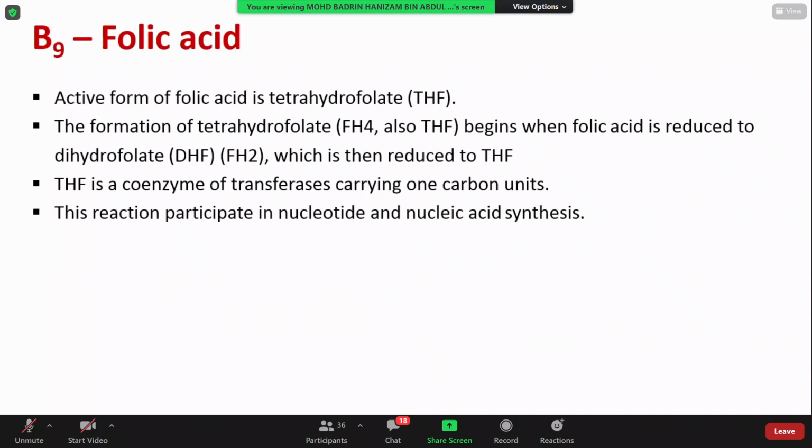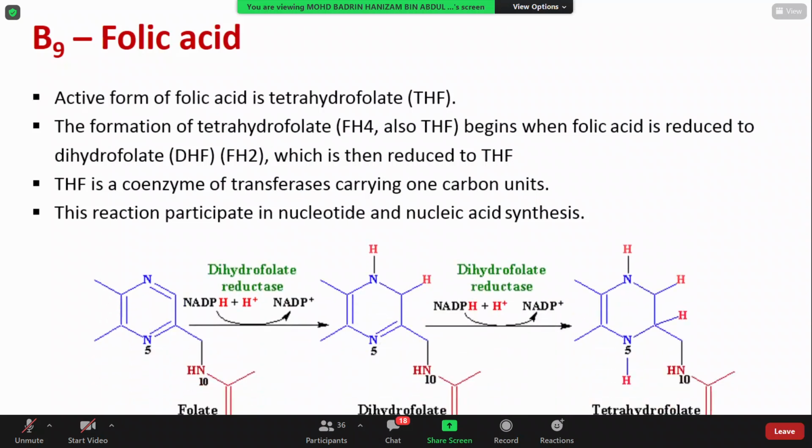THF is a coenzyme of transferases carrying one carbon unit. These reactions participate in nucleotide and nucleic acid synthesis. So based on this statement, we know that vitamin B9, folic acid or tetrahydrofolate, is responsible for nucleic acid synthesis and nucleotide synthesis.